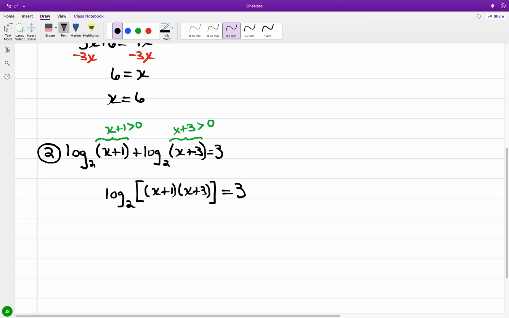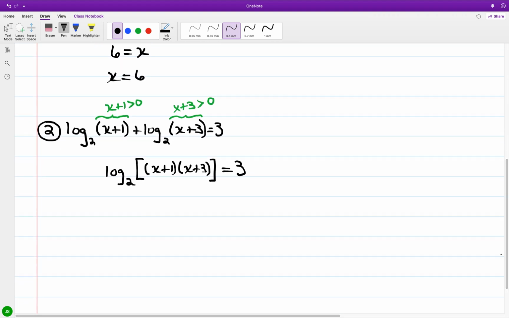And now, for the base 2 logarithm, I can eliminate it by treating both sides as powers to which the matching exponential base, which is 2, is going to be raised. So for the next step, we have 2 raised to the base 2 logarithm of x plus 1 times x plus 3, and then we have x squared plus 4x plus 3, equal to 2 raised to the third power.